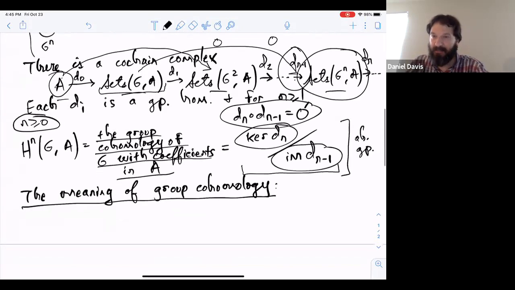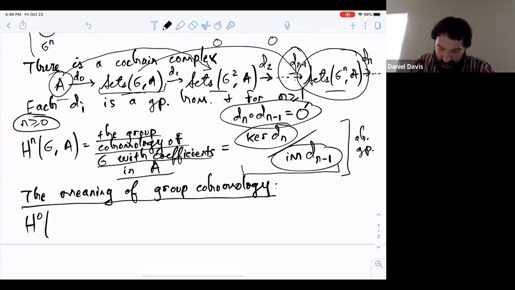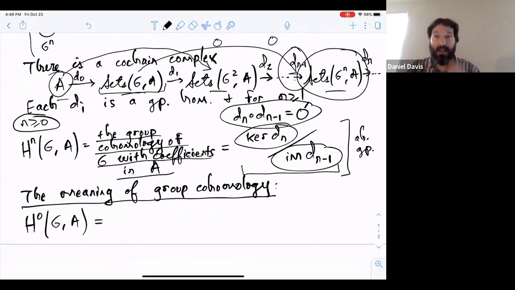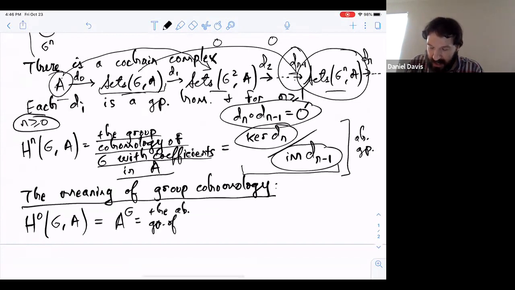Okay, so let's look at the zeroth cohomology group. It turns out that this is equal to A upper G. So what we mean by this is the abelian group of G-fixed points.